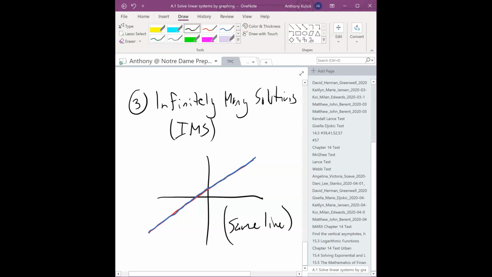Because a line contains infinitely many points, there are infinitely many solutions, infinitely many intersections, but not every xy is a solution. So it's not like an all real number situation where everything is a solution. No. Most points would not be solutions. If I pick this point out here, that's not a solution to this system. The things that are solutions must be points on these lines.